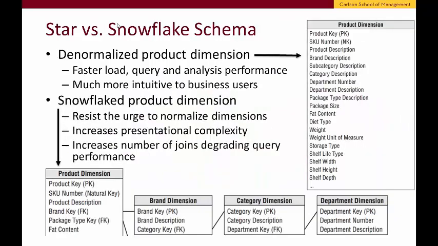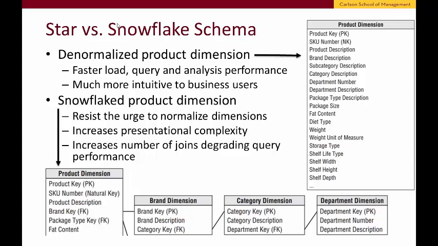So unless there is a real and compelling reason to do so, snowflaking a dimensional model is not recommended. It increases presentational complexity, and because of the increased number of joins, it negatively impacts query performance, thus going against both principles of solid dimensional design, which are simplicity and fast query performance.